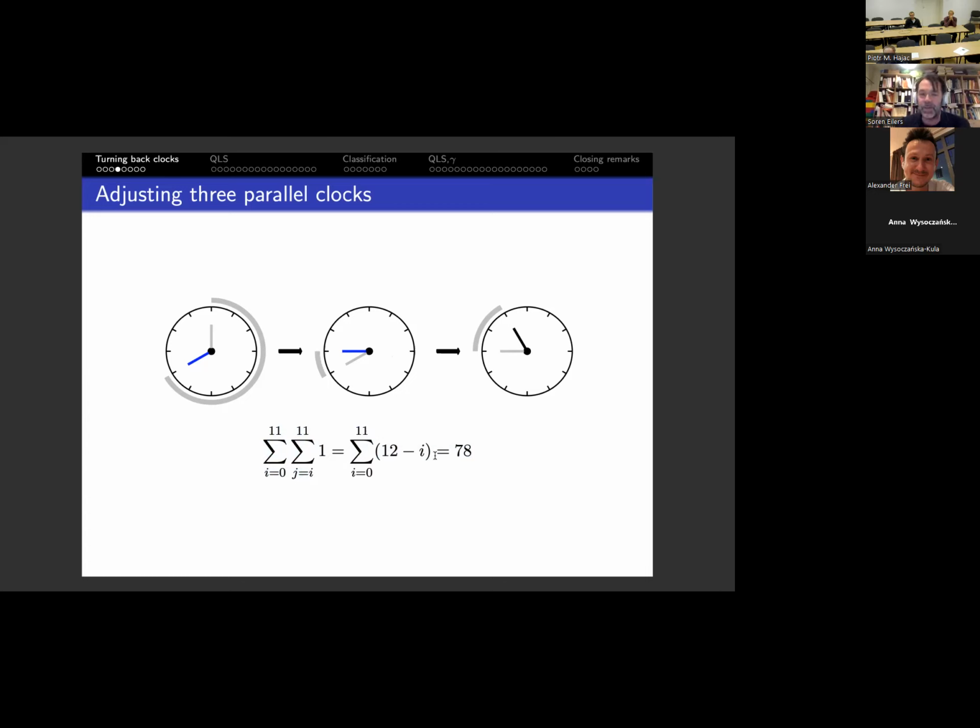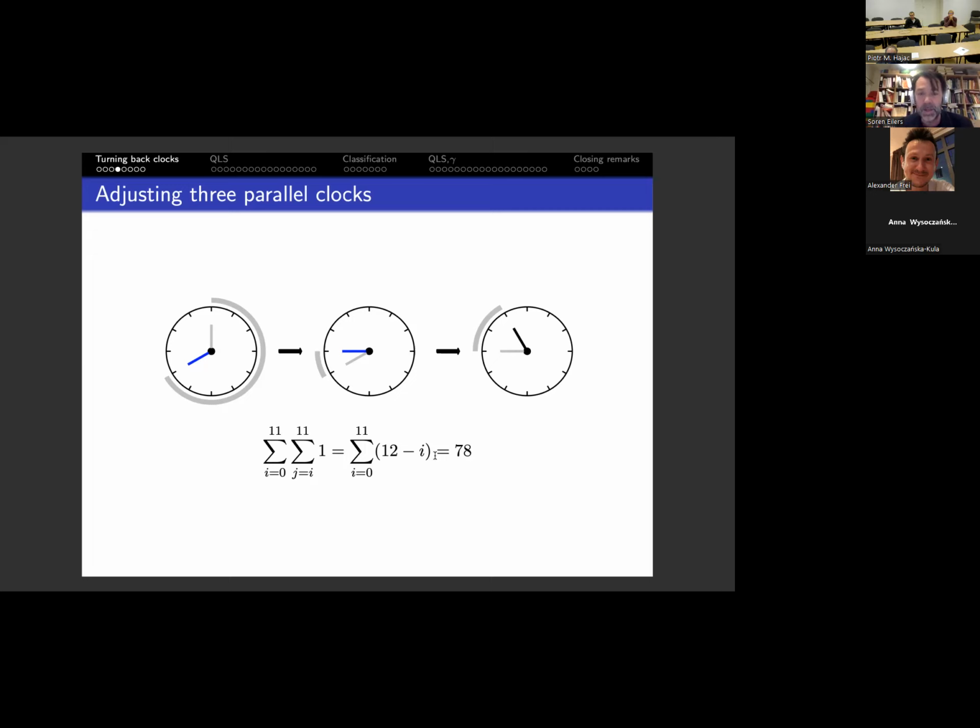And of course, if we want to compute this sum, there's a formula for triangular numbers, the one that Gauss is supposed to have known as a kid, right? But that's for summing just the I's, not the 12 minus I's. But it's important here that we notice that these are exactly the same numbers.